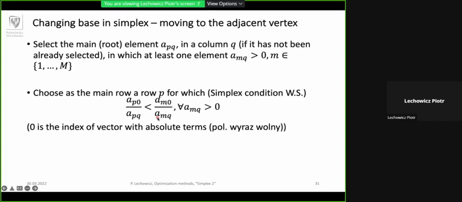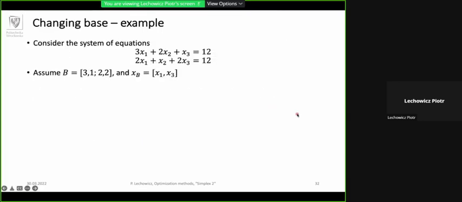This is the value of the right-hand side divided by the value in the considered row. So we are selecting a row in that column for which the right-hand side of the equation divided by the coefficient in our column is the lowest. We make a pivot on such column and such row, and by making this pivot, we are changing the variables in the basic vector.